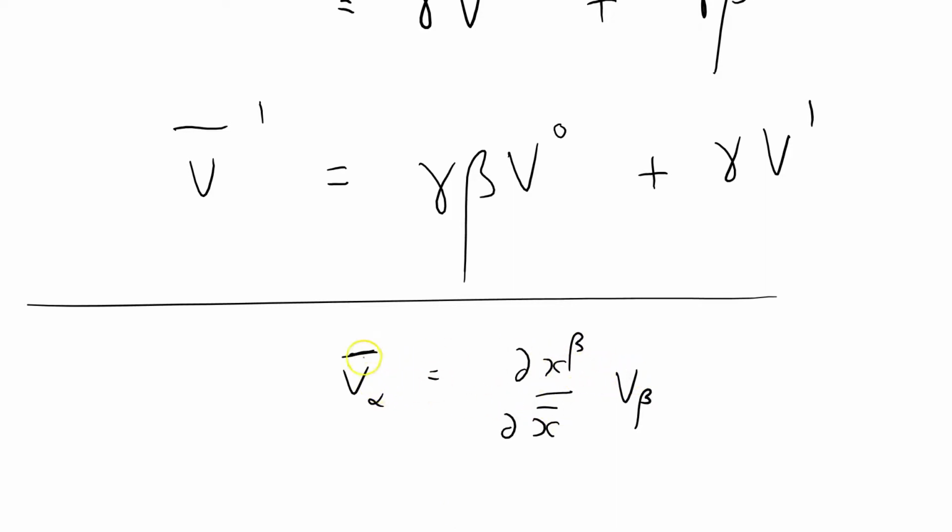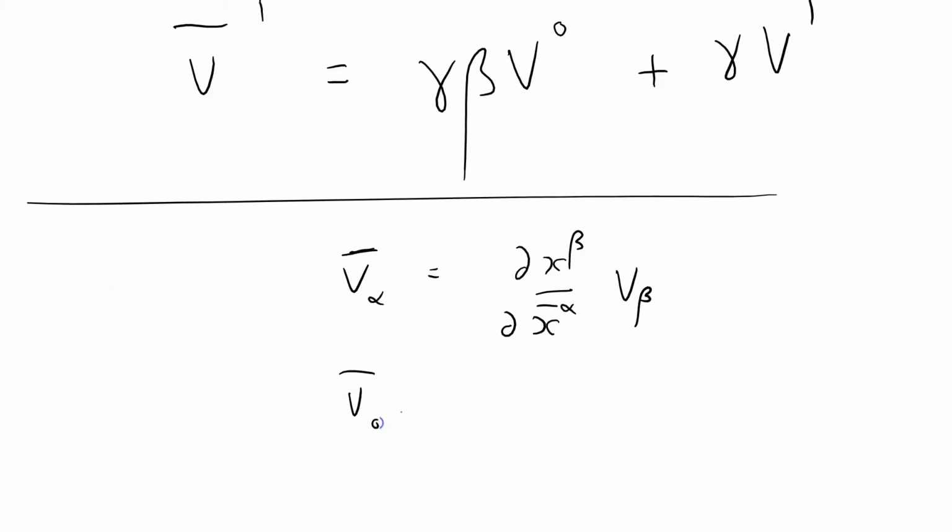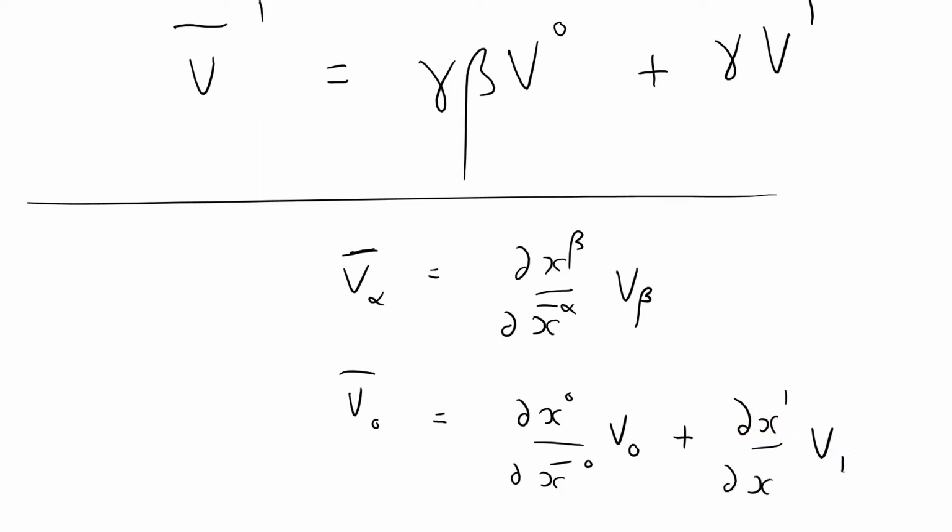So V bar 0, for example, equals dx 0 by dx bar 0 V0 plus, now I'm going to put beta equals 1, dx 1 by dx bar 0 V1. And the something is going to be a 0, isn't it? And that's a bar.